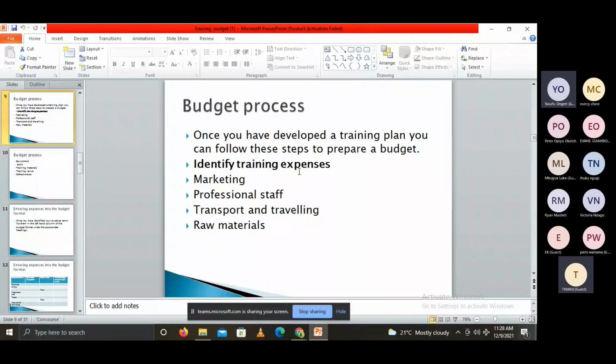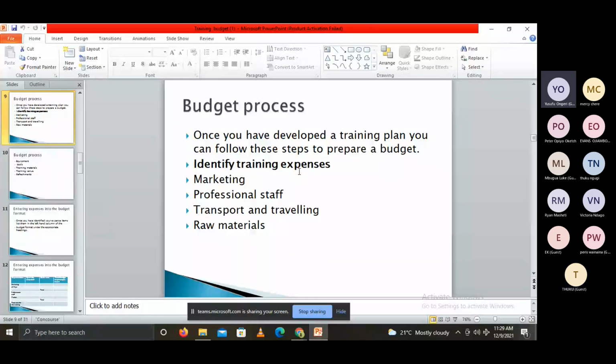Professional staff that you may need: you may be training in a highly specialized area, so you need to know how much the facilitators in such programs are paid. That is a cost under professional staff. Transport and traveling: you may be moving your participants from one point to another.